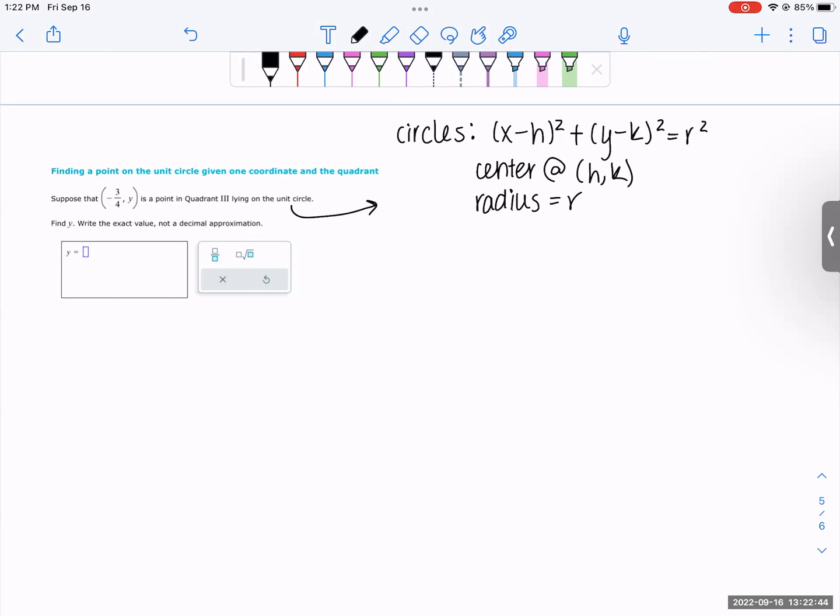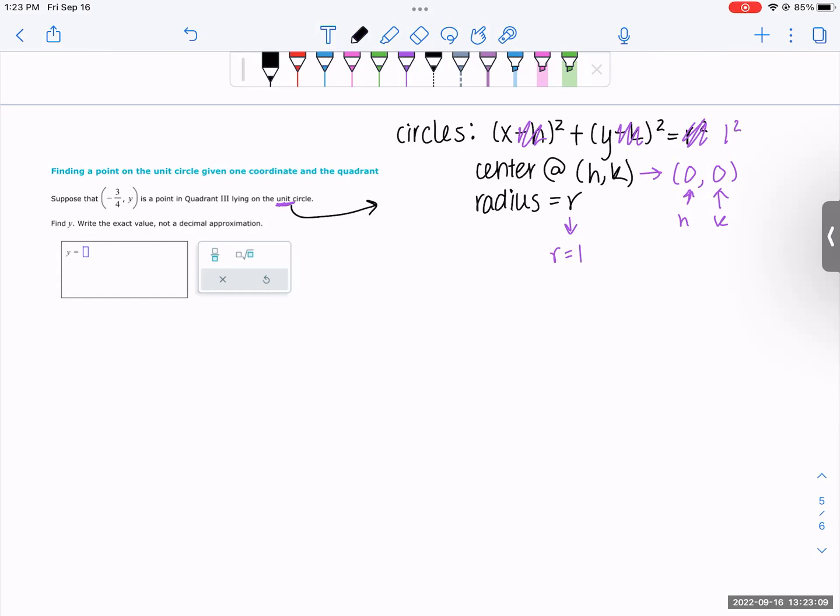So in the case of the unit circle, the center is at 0, 0. So h and k are both 0. And then the radius of the unit circle is 1. H is 0, so we don't have this. K is 0, so we don't have this. And then r is 1.